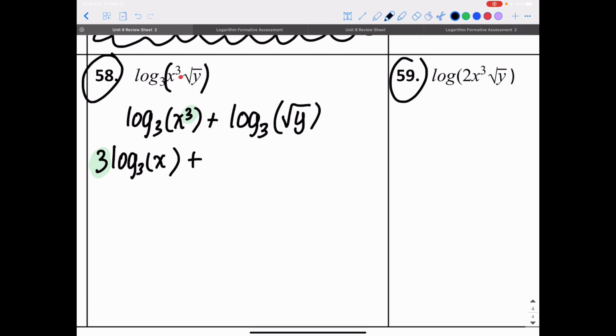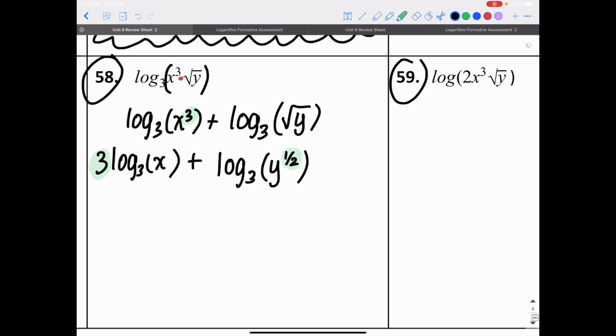Plus, I want to rewrite this so that it doesn't have a root inside, but a fraction exponent. I know what to do with exponents to get rid of them. This is technically an exponent here I need to get rid of, so first I need to rewrite that root as an exponent. This is actually y to the 1/2 power. Now I'm going to take this 1/2 and move it to be the coefficient instead.